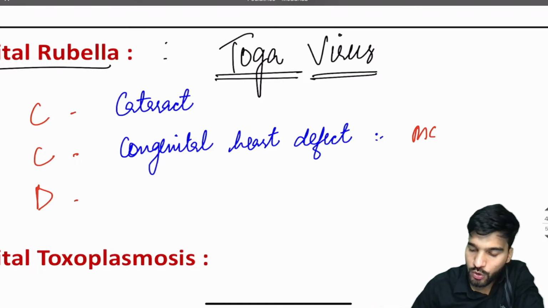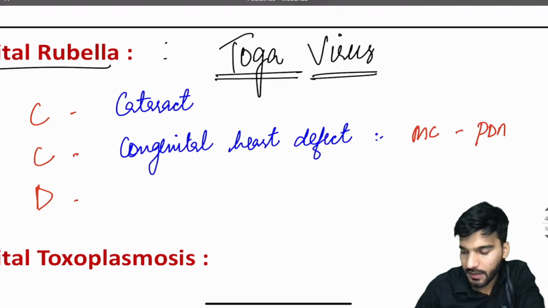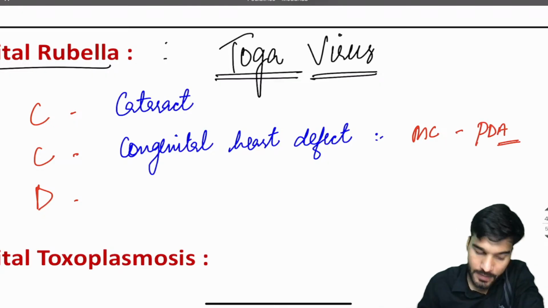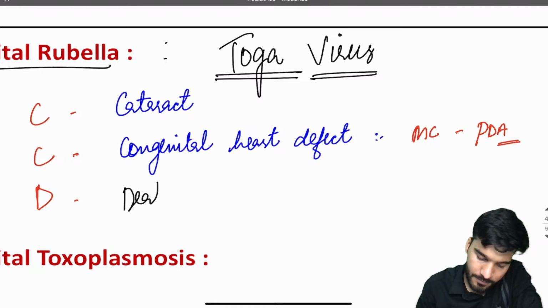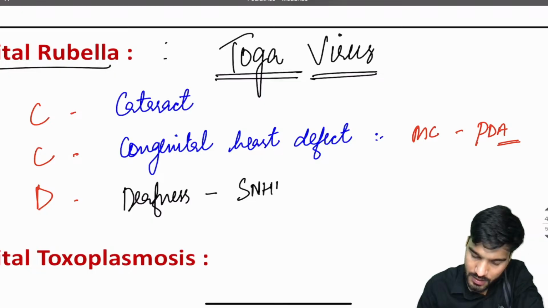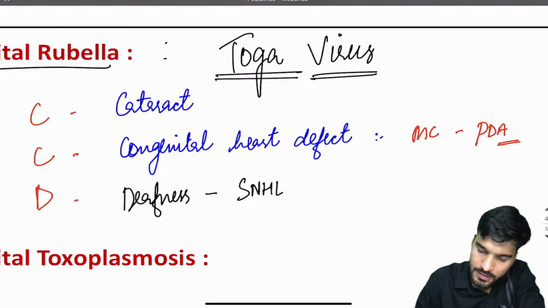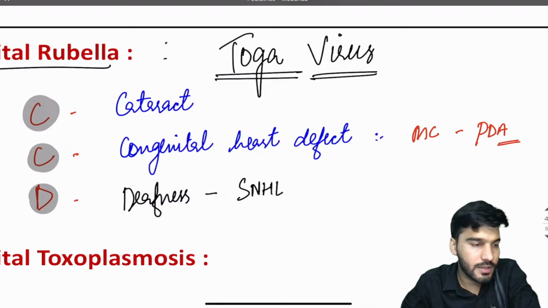If they ask most common, your answer is going to be patent ductus arteriosus, PDA. And D is deafness, which is SNHL. C, C and D. Clear?